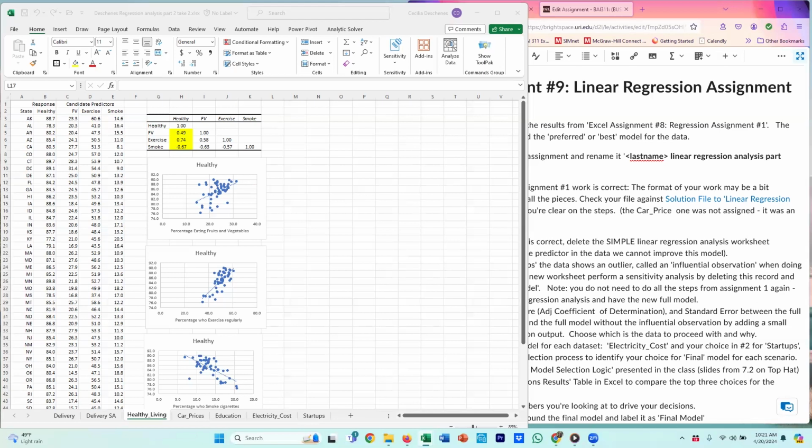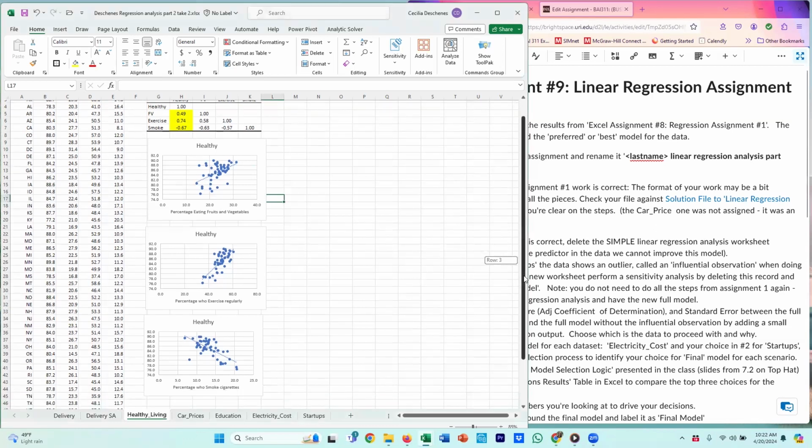I identified that all of these predictors in this data are greater in absolute value than 0.15, which is what I'm using as a lenient threshold. Then I looked at the correlations, and while some of these are moderate, none of them are so extremely strong that I would be worried about multicollinearity. So I'm not worried about that right now. And I'm going to proceed.